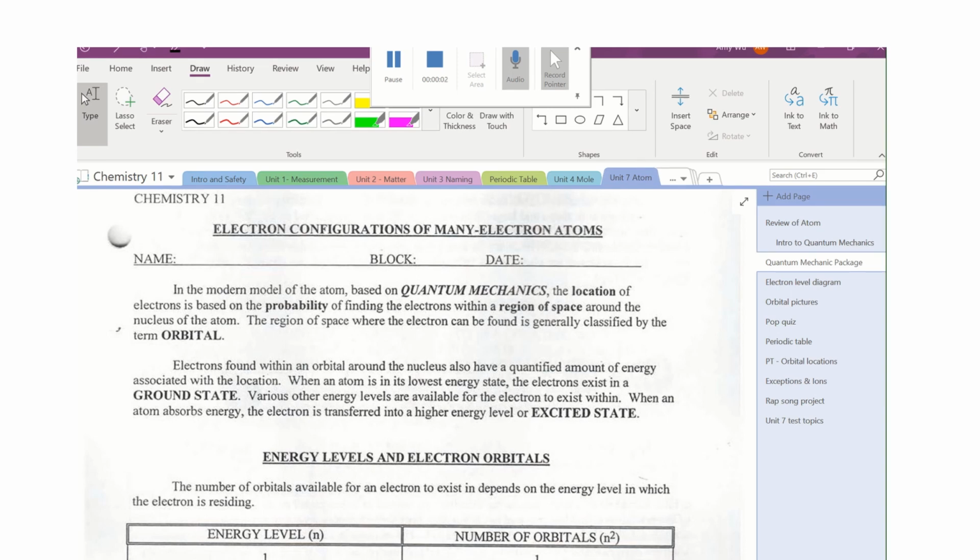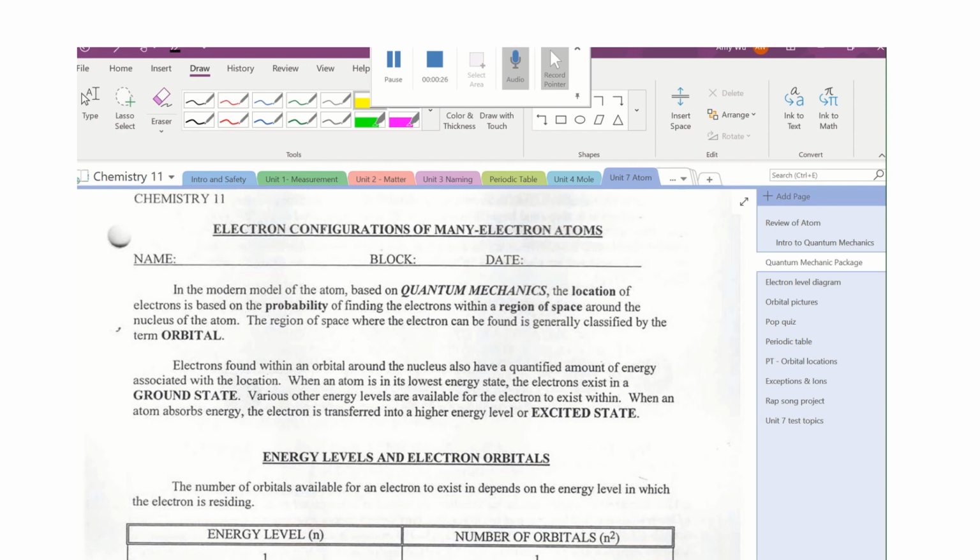Okay, let's continue here. In the first slide, we talked about quantum mechanics, which is the currently accepted model of the atom. For this model, there are two key changes. Instead of 2D, it's 3D. We call them orbitals, and they are basically the locations of the electrons.